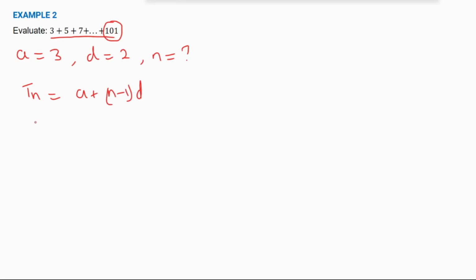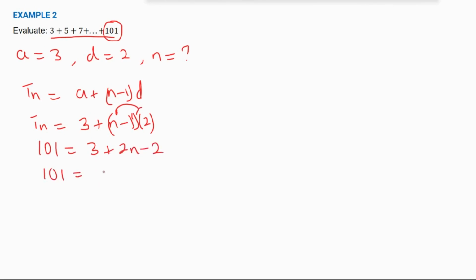So Tn is equal to a, which is 3, plus (n minus 1), then the common difference is 2. Right? And where there's Tn, put 101. So 101 is equal to 3 plus, let's distribute 2, 2n minus 2, and then 101 is equal to 2n plus 1.